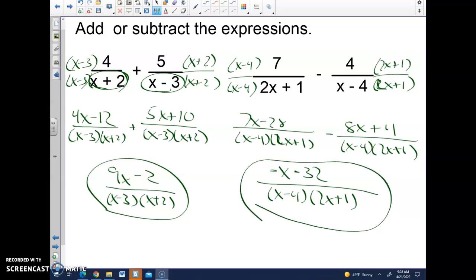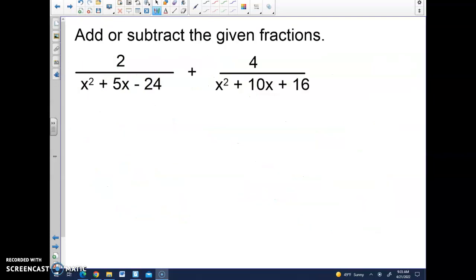That's our answer. Okay. We're going to have to factor the bottom. So it's x plus 8, x minus 3. Plus, here, we have x plus 8, x plus 2. What we have to recognize is what's common in both denominators.